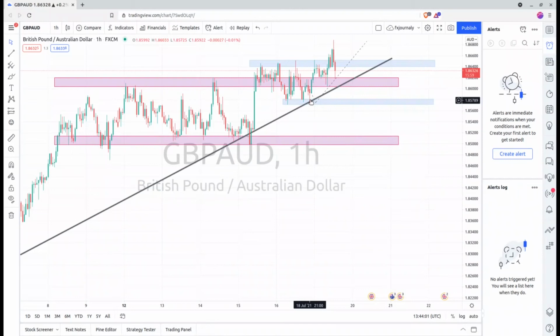Now, something interesting happened. I missed the day five challenge. What I wanted to do was get into some trades right here when price turned bullish and rejected the support area.